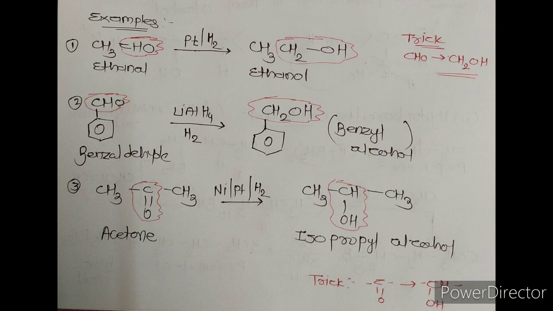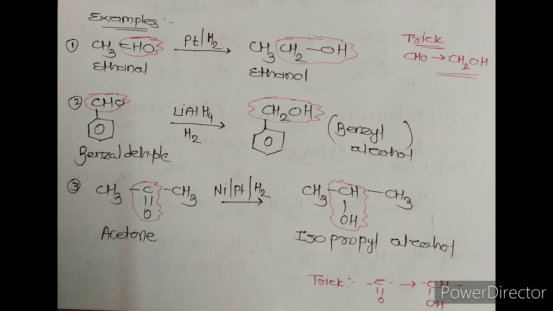The second reaction: benzaldehyde reacts in the presence of the LiAlH4 reducing agent and is converted into benzyl alcohol. Once again, this is a reaction of the aldehyde group, in which instead of CHO we put CH2OH.